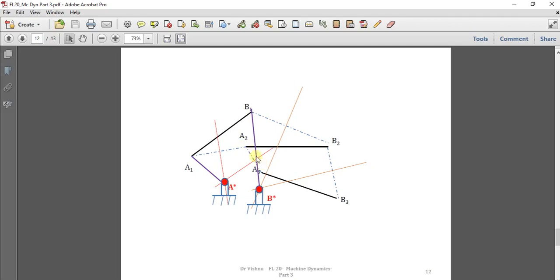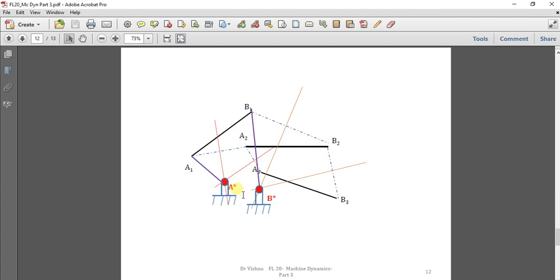The other dotted line is A2 with A3. After drawing this line, draw another perpendicular bisector for this line A2A3. So the previous line was between A1, A2. Now we have drawn between A2, A3. So these two red lines, where they meet, we call that point A star, which represents one of the grounds.